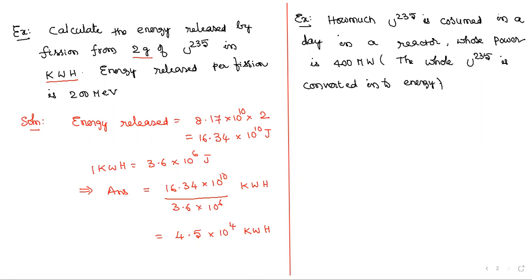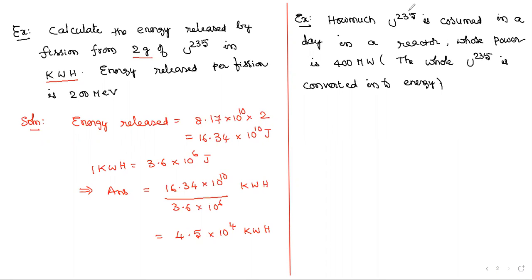This one you have to understand. In a reactor, actually the fission reactions undergo, and in each fission, the parent uranium-235 will be split into daughter nuclei, releasing neutrons and releasing energy.